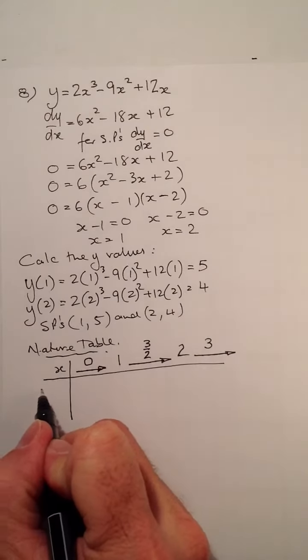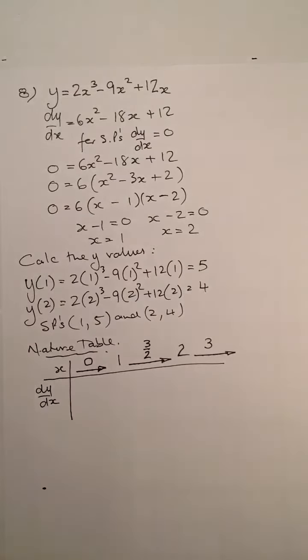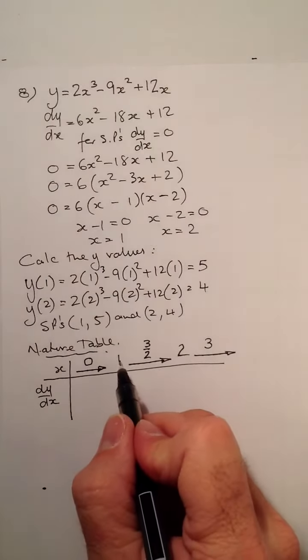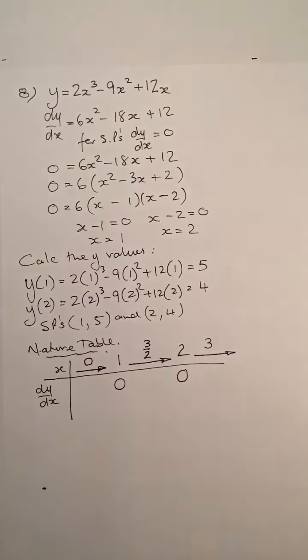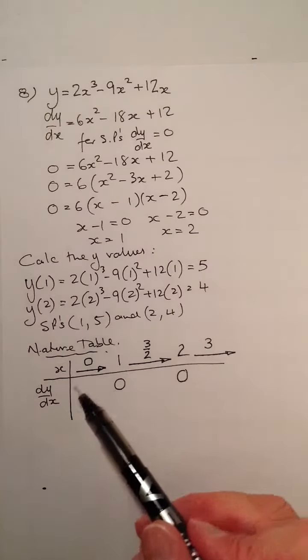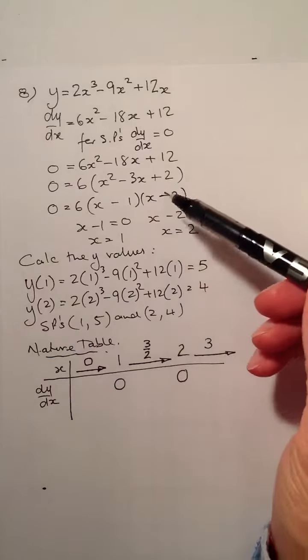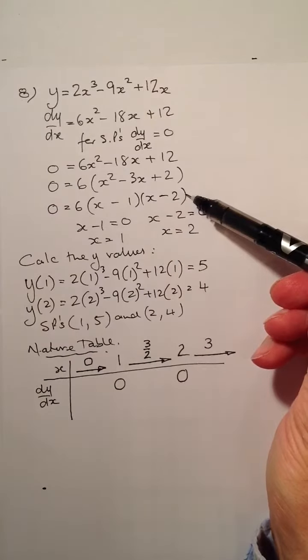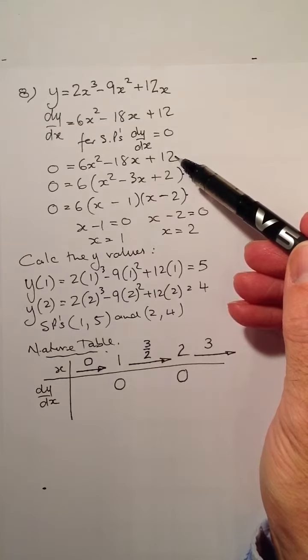What I'm going to work out here is the gradient. So dy by dx is my gradient. I already know at the stationary points these will be 0, so my gradient is 0 at 1 and at 2. And then I will work out dy by dx for each of these values using either this dy by dx formula, this one here, or this one here. They're all the same.